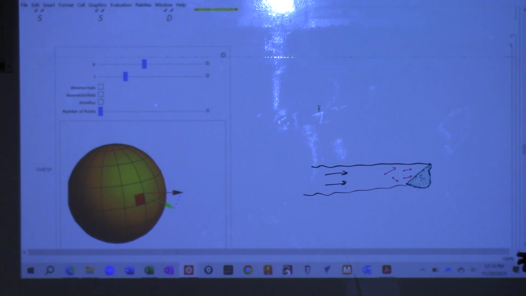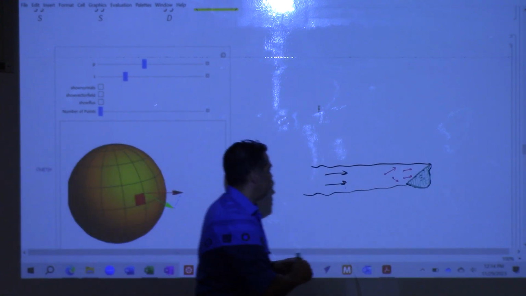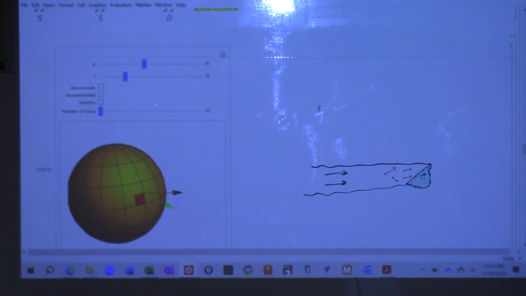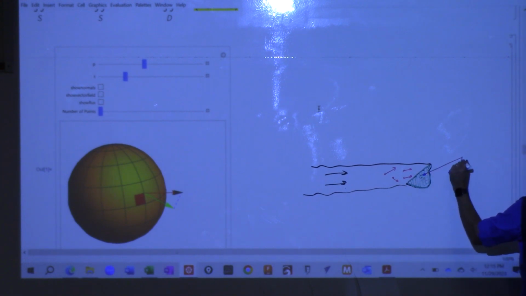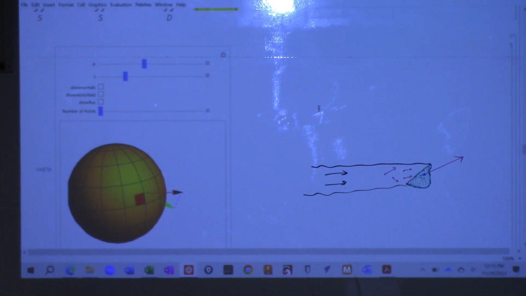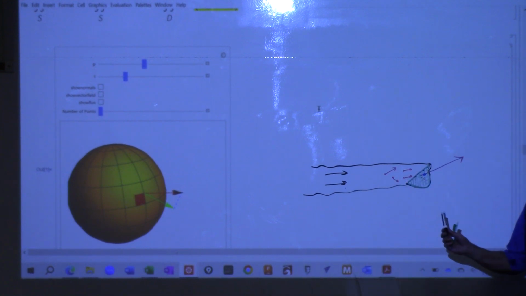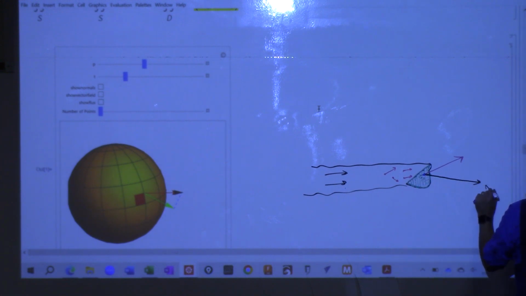Now the way we actually calculate it is this. Let's just pick one molecule that's now arrived at the surface. This molecule right here has arrived at that surface. And at that point, there is a vector that's telling you the direction it wants to go. Then we have a vector that is normal to the green. So let's say the unit vector that's normal, I'm going to exaggerate it, that's my normal vector.